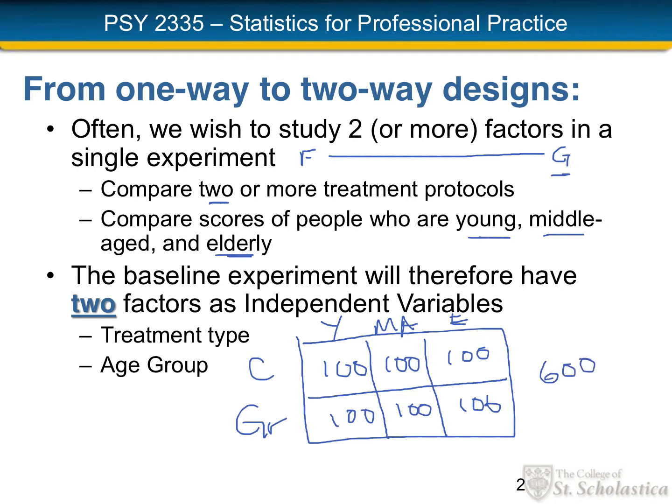We would have a total of 300 in the control group condition and another 300 that got the growth mindset, and it would take 200 within each age group to carry it out. So you can see that as the number of factors and within each factor the number of groups grows, it means that we need an increasingly large sample size in order to be able to test the factors.